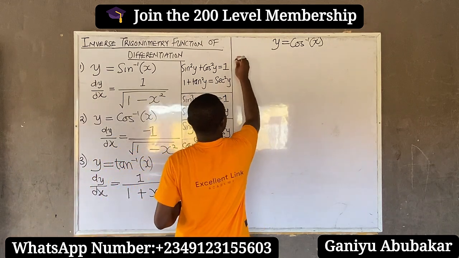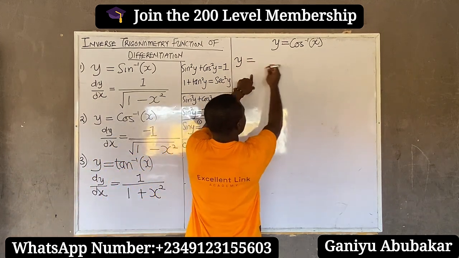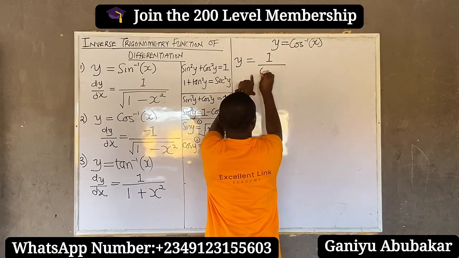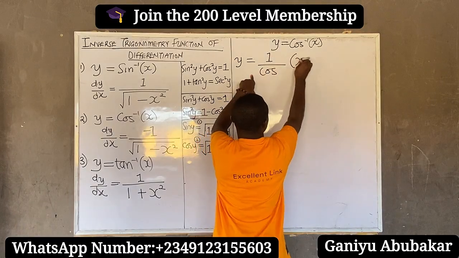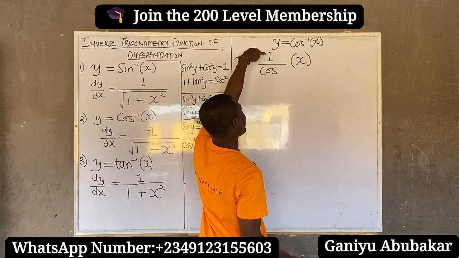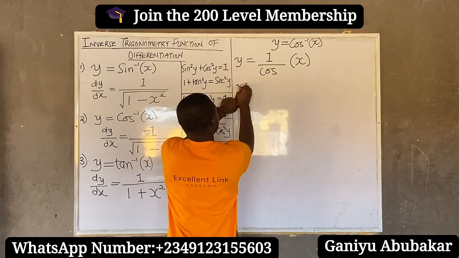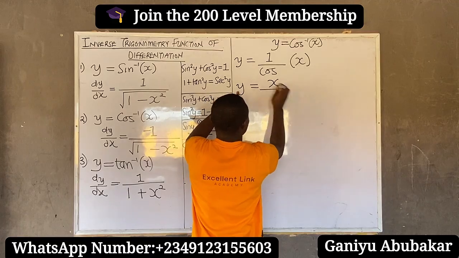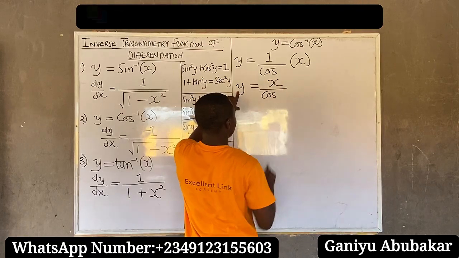We know that cos inverse means 1 over cos into x. So y is equal to 1 times x, which gives you x, all over cos.